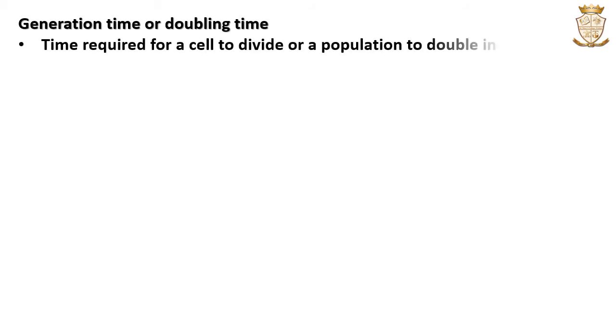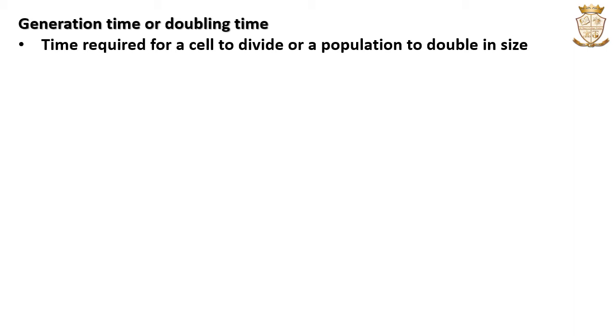We already said that during exponential phase, each microorganism is dividing at constant intervals, and this particular interval required for a microbial cell to divide is known as the generation time. So it is the time required for a cell to divide.